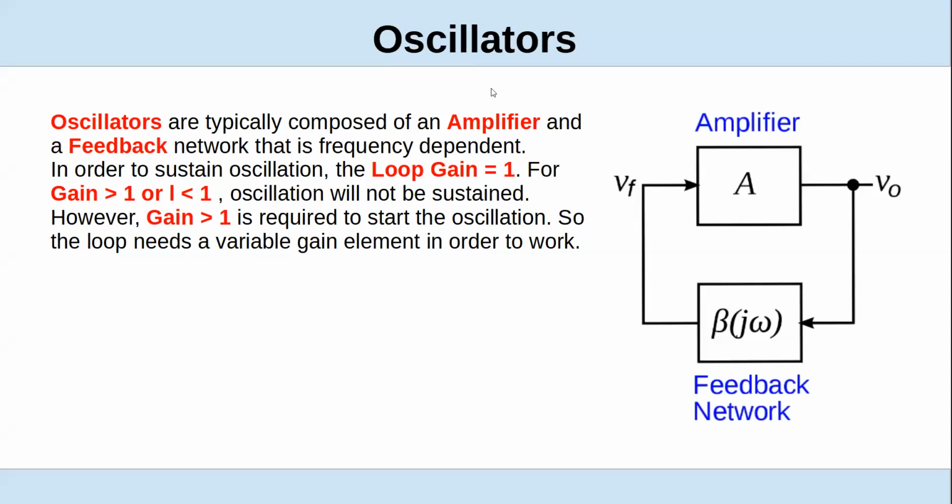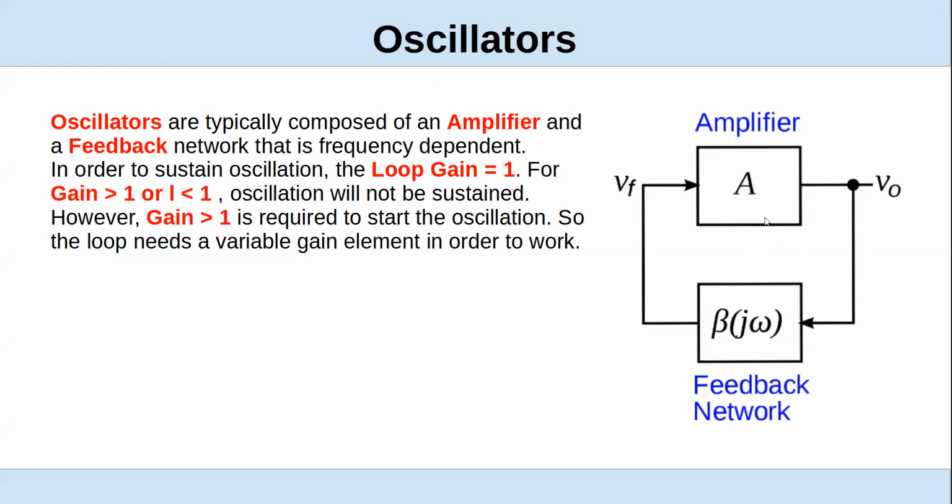To make an oscillator oscillate, there's this thing called the Barkhausen criteria. You don't need to know that. It basically says for it to oscillate and maintain oscillation, you have to have an overall loop gain of 1.